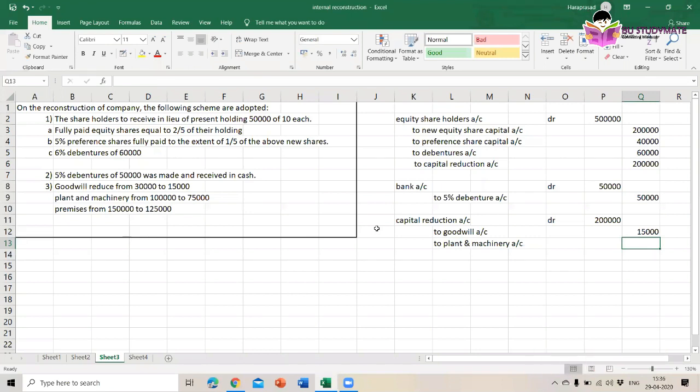So 1 lakh minus 75,000, 25,000. Then to premises account, how much? From 1,50,000 to 1,25,000. This means 25,000 rupees.